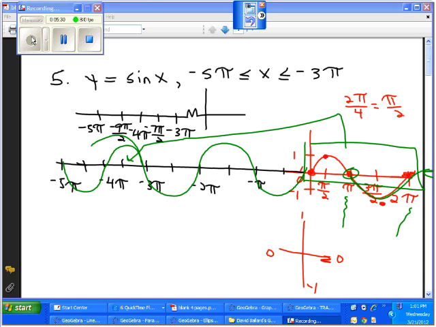That's really easier, isn't it? Instead of trying to think, I want to take that thing way over there in the red, and figure out where I actually started on that to shift it all the way to negative 5 pi.